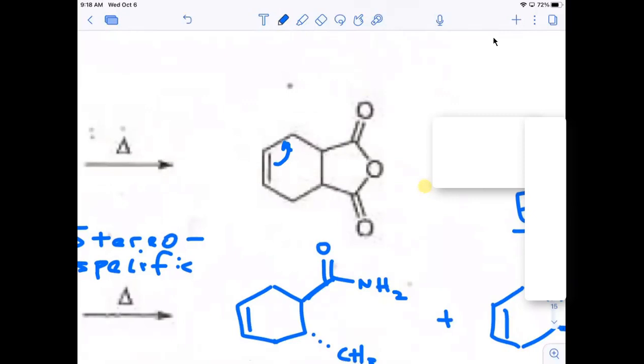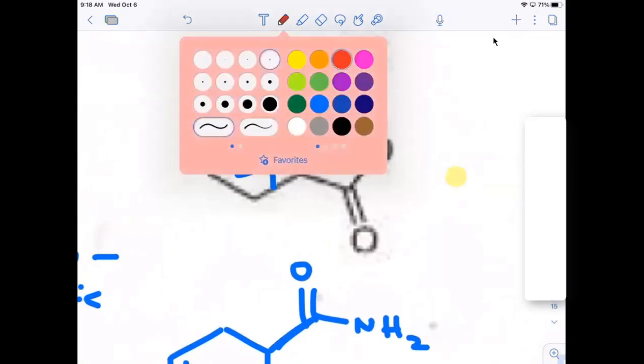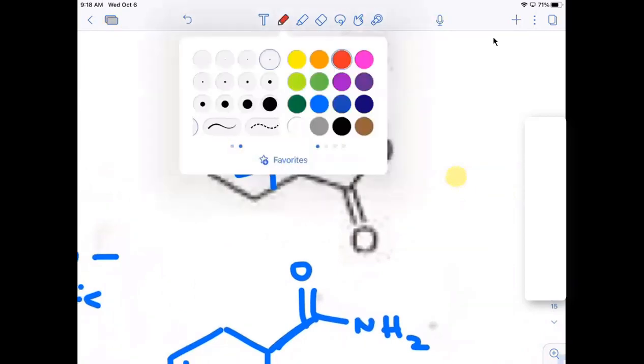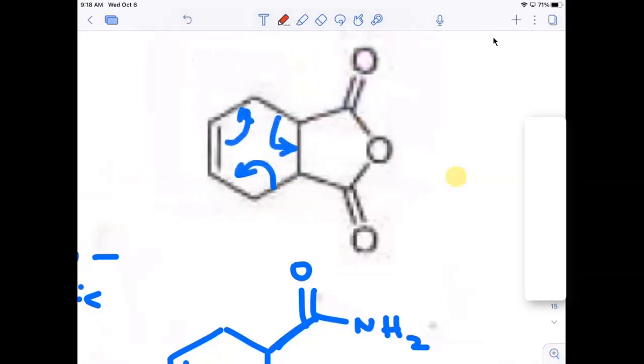So here, here, and here. Right. When we break that up, what that's going to do is put a pi bond here, here, and here. Right.